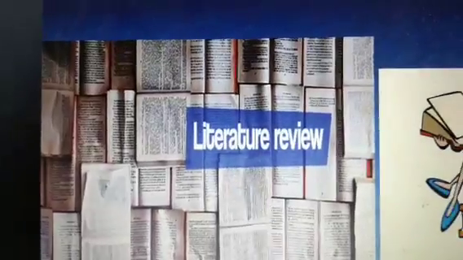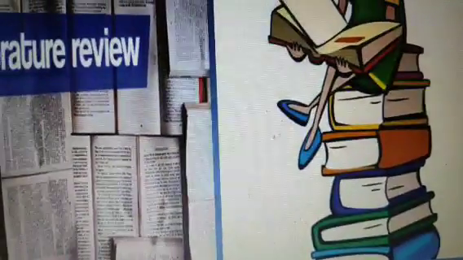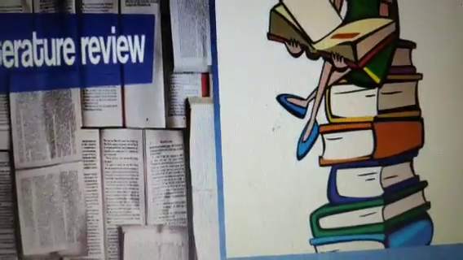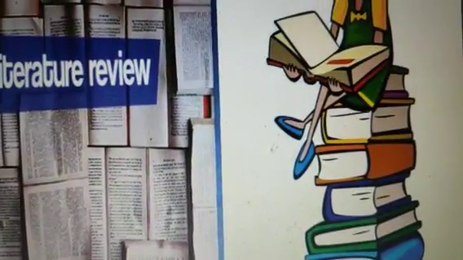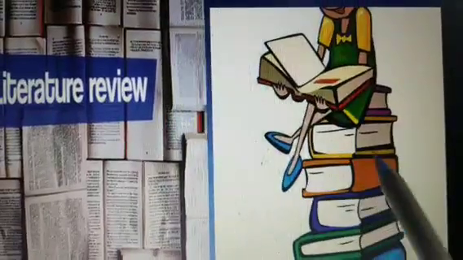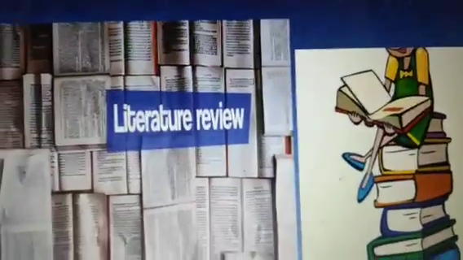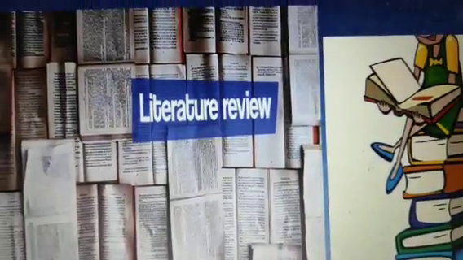You can see these all are literature, various books, various journals, and you have to choose within this, and then according to your problematic area or research question, you select certain books or journals and then start reading very carefully. Then only you will be able to review the literature.